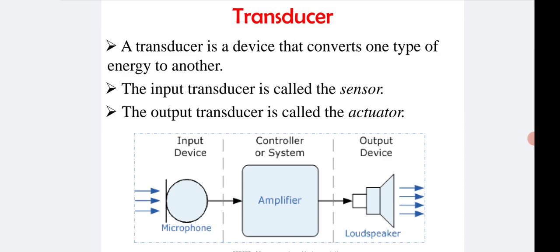So the microphone takes an input as an analog audio signal, and that is converted into an electrical signal. Your microphone converts an audio signal into an electrical signal.